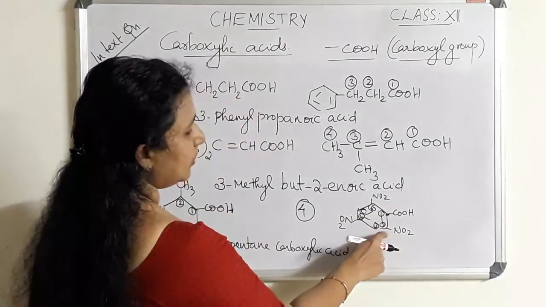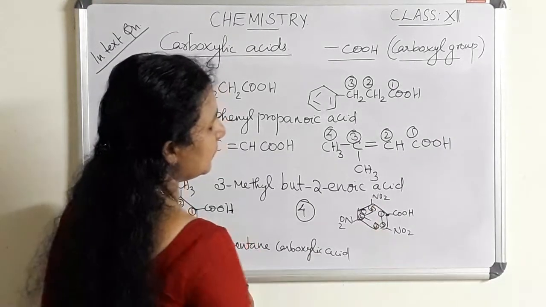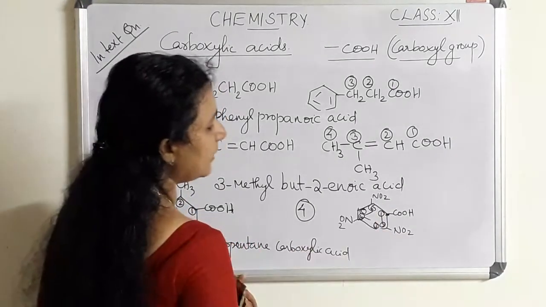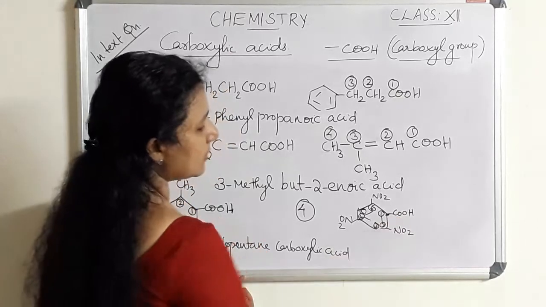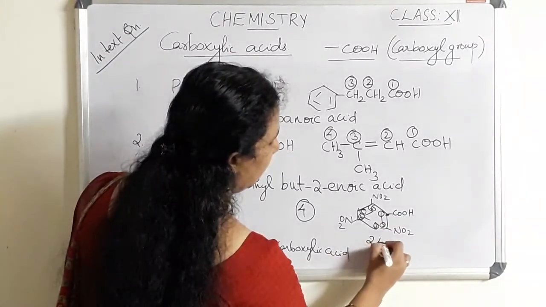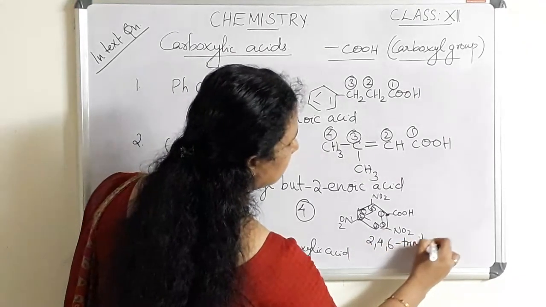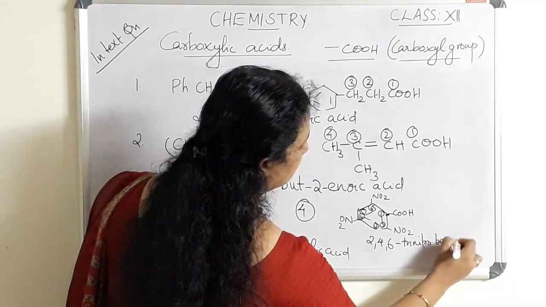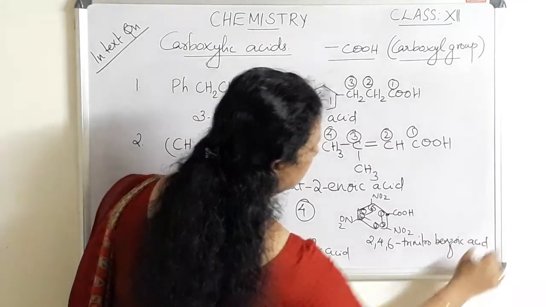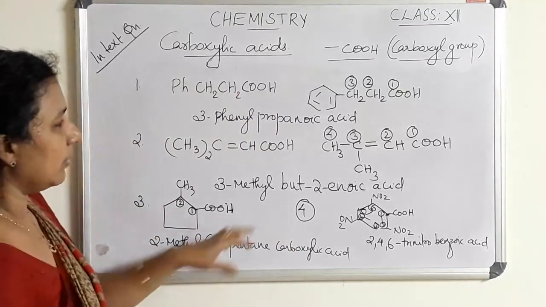So 2, 4, 6. So the second, fourth and sixth positions have nitro groups on benzoic acid. So it is 2, 4, 6 trinitro benzoic acid. 2, 4, 6 trinitro benzoic acid.